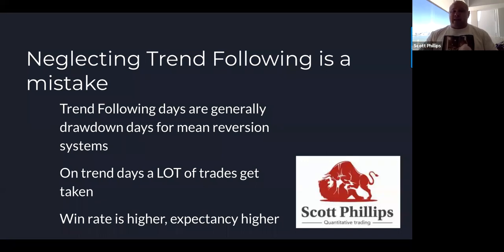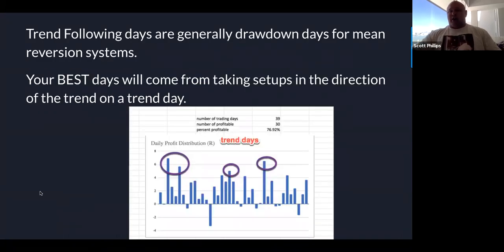So what that means is that your trend days really, really suck disproportionately in your results when you trade only mean reversion. Now, another reason why neglecting trend following is a huge mistake is that trend following performs much better than mean reversion in this system anyway. Generally it doesn't, but in this system it does. The win rate is higher and the expectancy is higher.